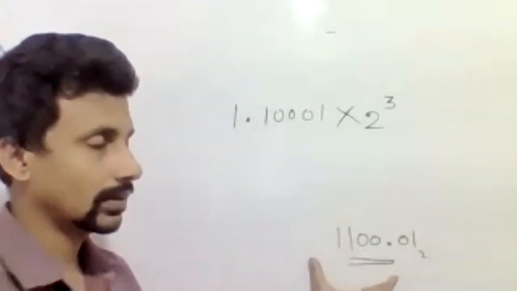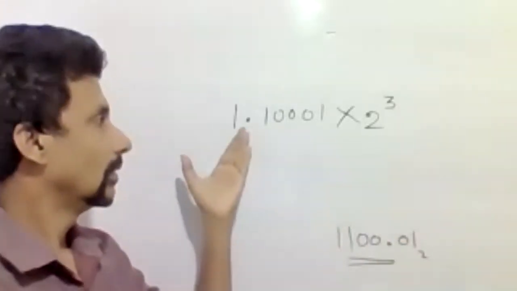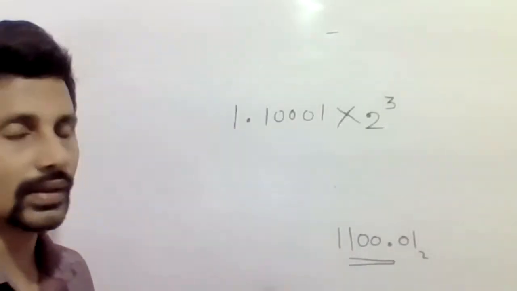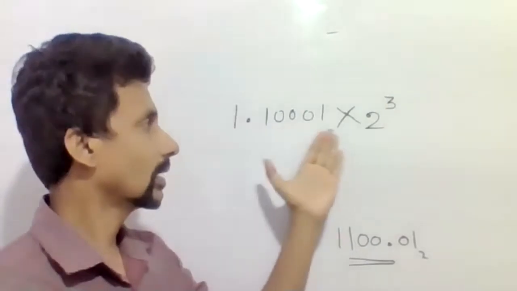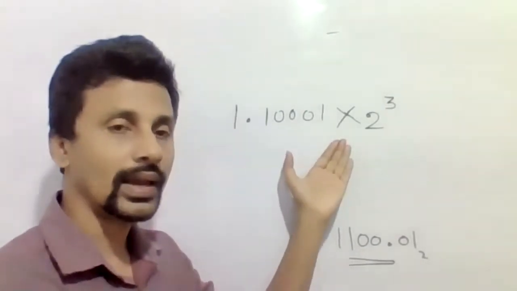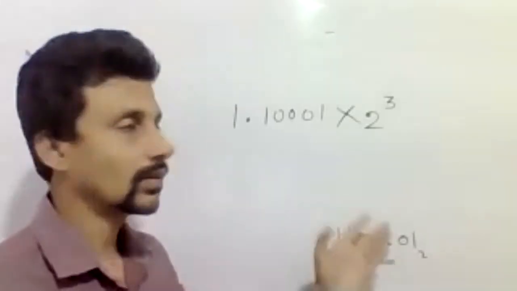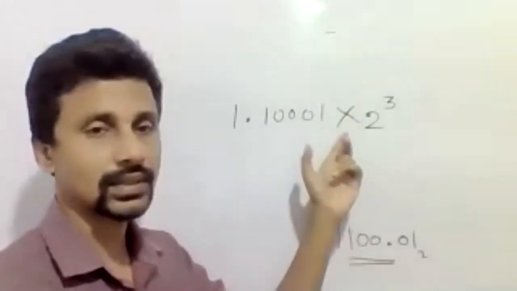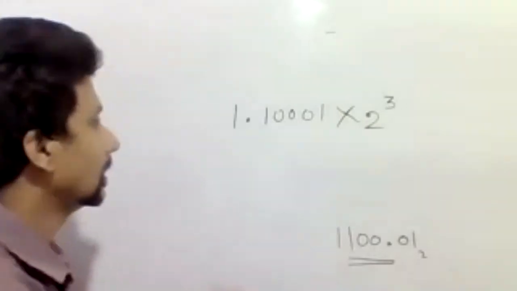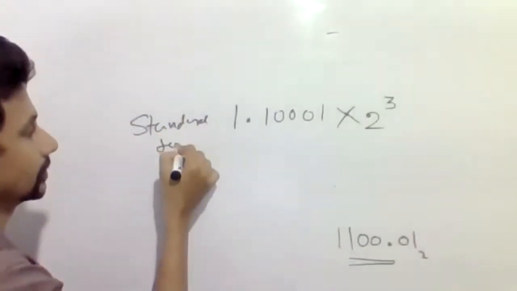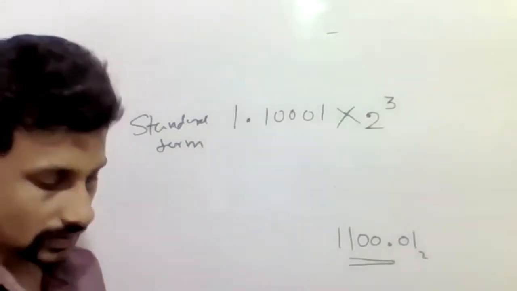You take the decimal point and bring it in front, before the one. Then you write how many places you have to go to the right-hand side to get the original one. In my case, in this example, 3. So this is called standard form. Okay, take it down.